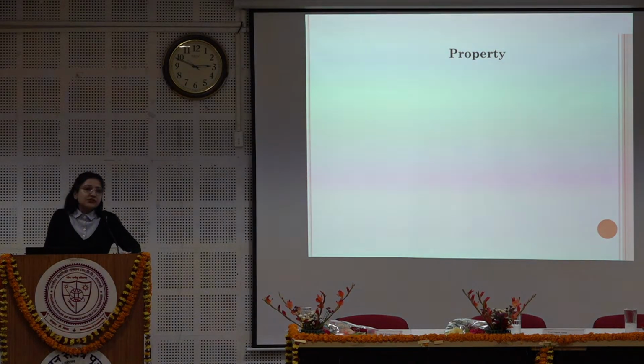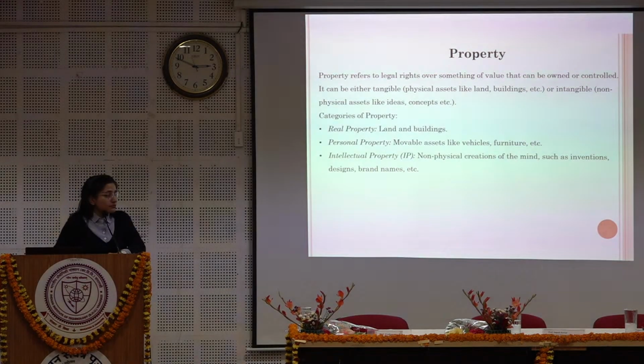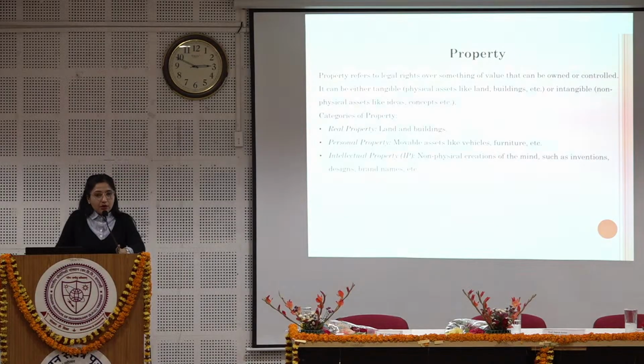Property, as you all know, can be a physical thing which you have, which is called real property. Intellectual property is again an intellect of the mind, a property of the mind. So as we have paperwork done for our movable or immovable properties, similarly we need to have some paperwork done so that it is registered in our name.